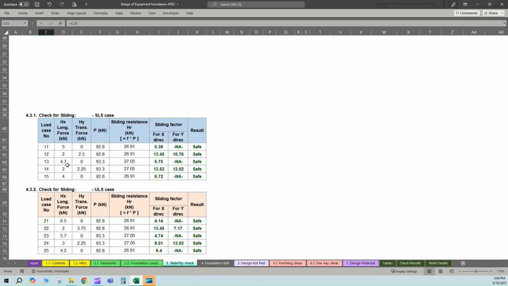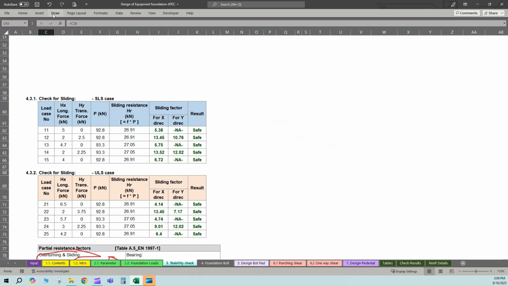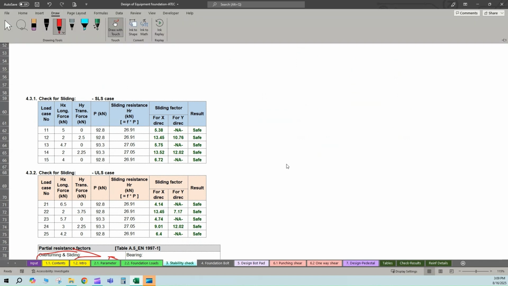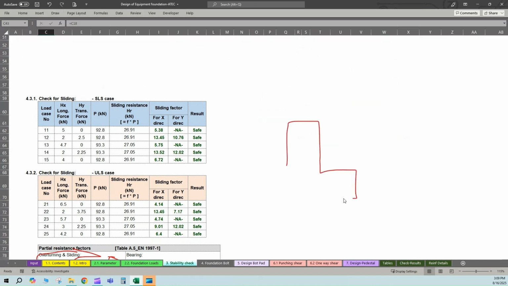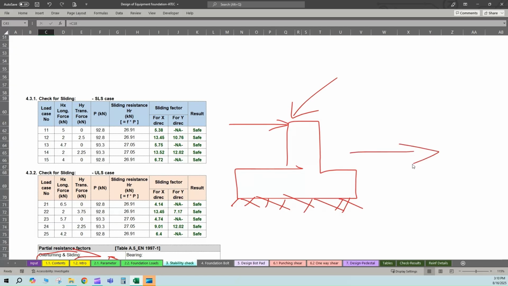Coming to the sliding, this foundation is also subject to horizontal forces in both planes. If the friction between the concrete and the soil below is not good enough to hold against sliding, then the foundation will move in these directions.